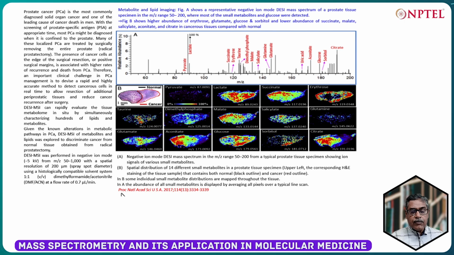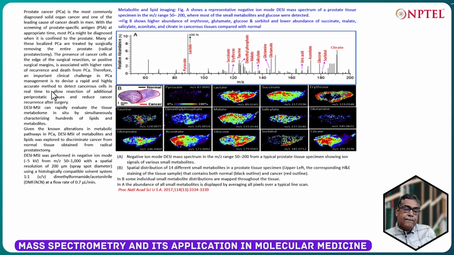I am talking from this paper, where the authors made use of the known literature information on the metabolic pathway of prostate cancer, focused on those metabolites, and looked at how they are distributed across both cancerous and normal tissues, to try to come to some conclusion about a cancer-related biomarker, which is our main topic of discussion today.